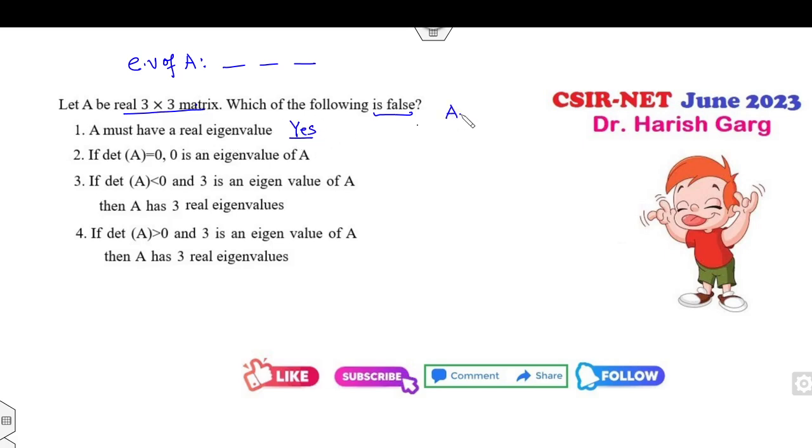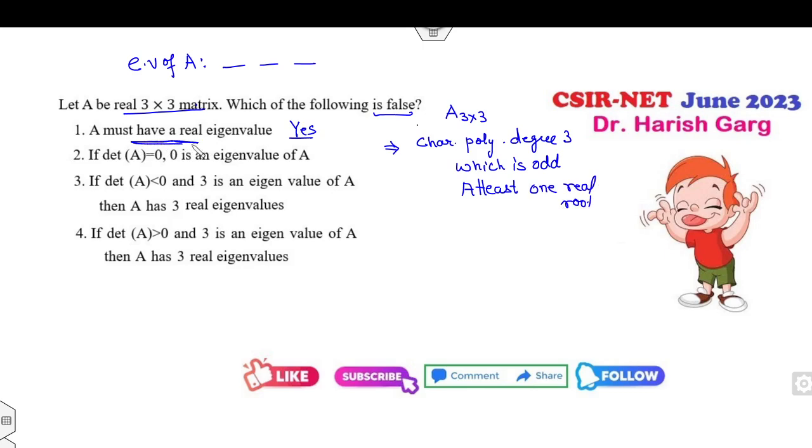Because if A is a 3 cross 3 matrix, then the characteristic polynomial is of degree 3, and we all know that every odd degree polynomial has at least one real root.